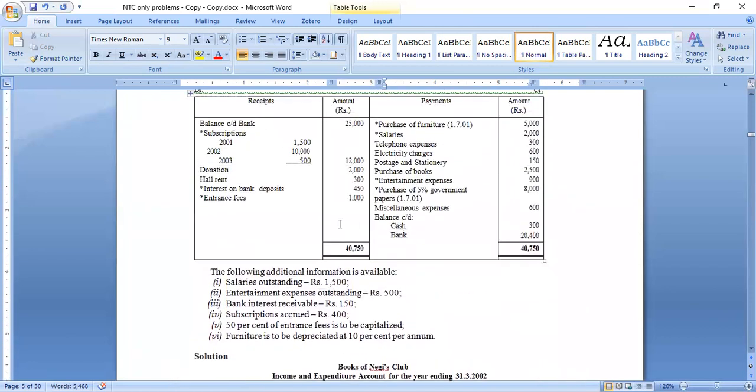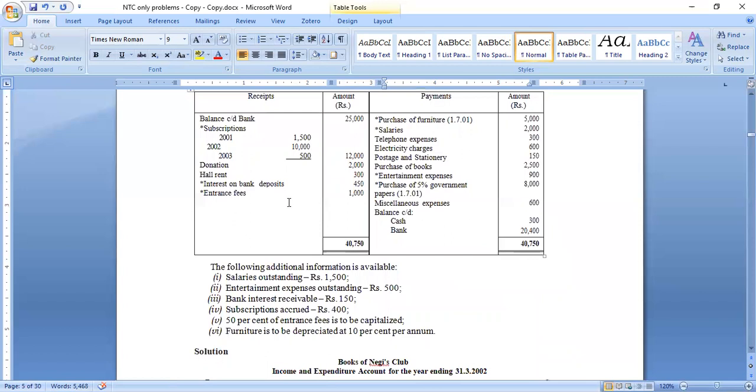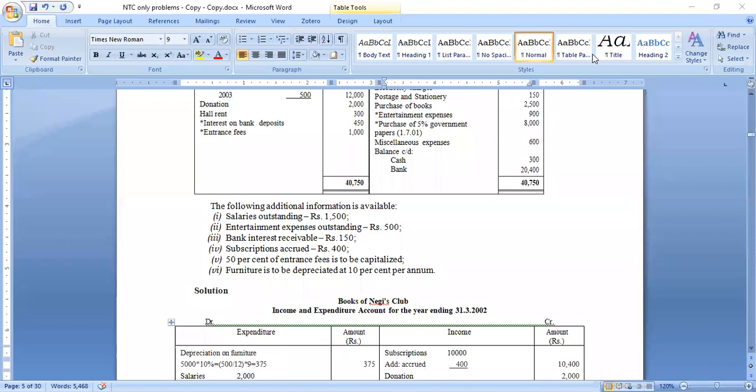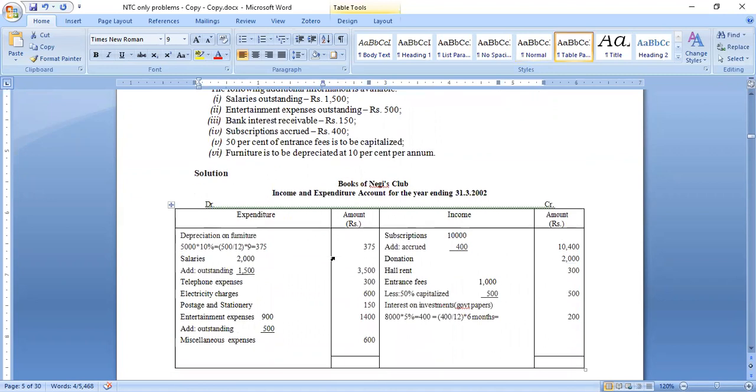So we'll just see if we have ignored something. See here, interest on bank deposits 450.